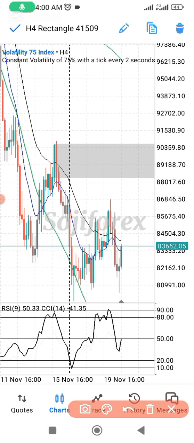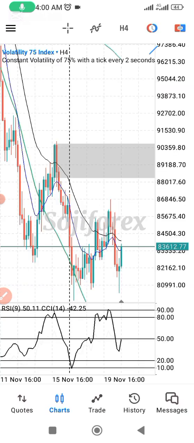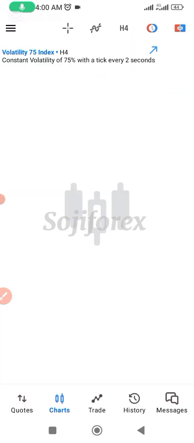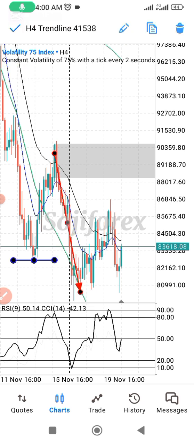So that is what validates this order block. So the order block is here. Price came all the way from the upside here and took away the liquidity of this order block. So it means this order block is a valid order block.